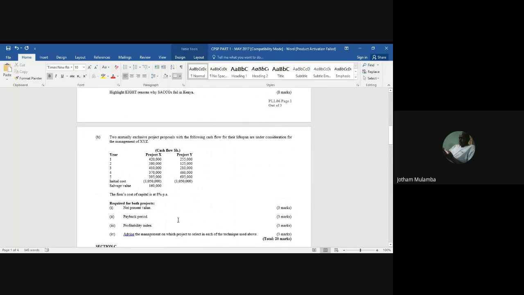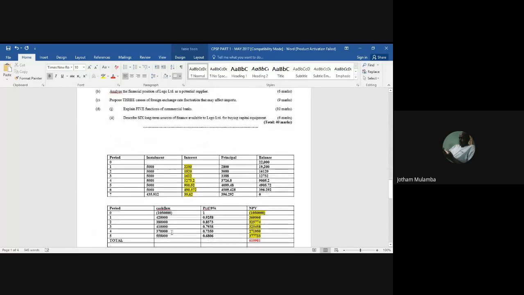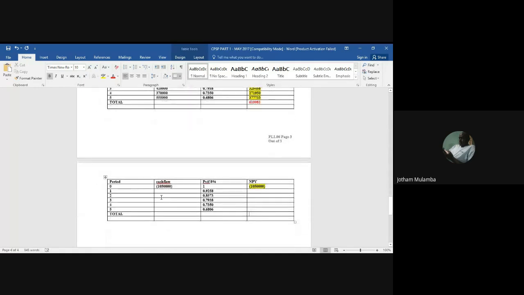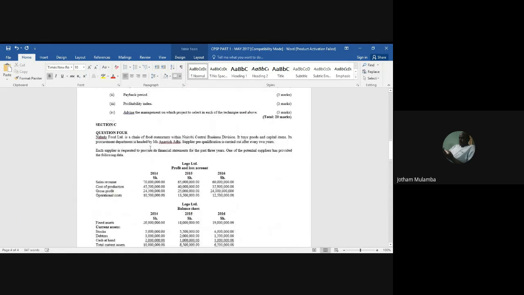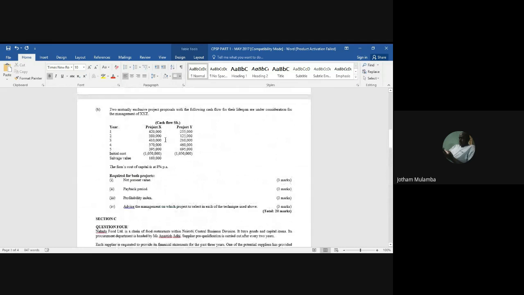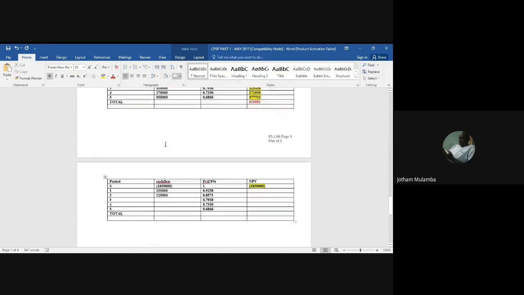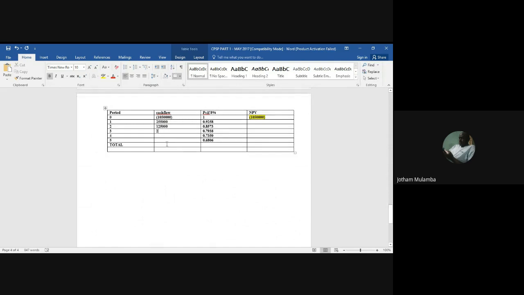So 255 and 125. 255 and 125. Then 210, 460. 210 and 460.